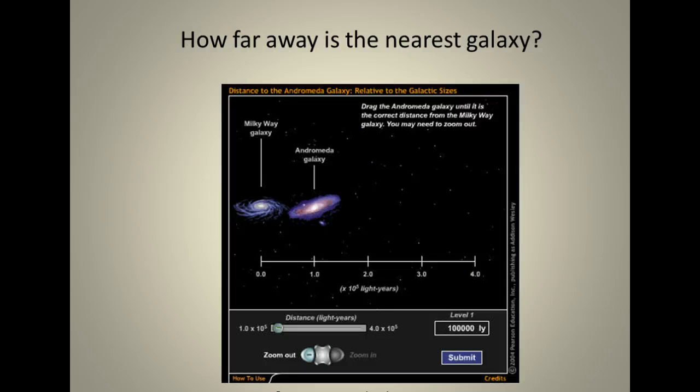This slide shows a picture of the nearest galaxy to ours. It's called the Andromeda Galaxy. The Andromeda Galaxy is 2.54 million light years away. Yes, 2.54 million light years away.